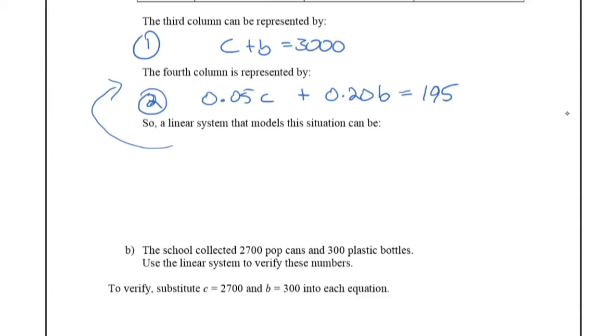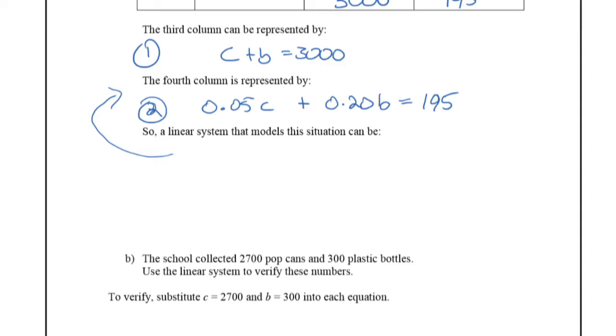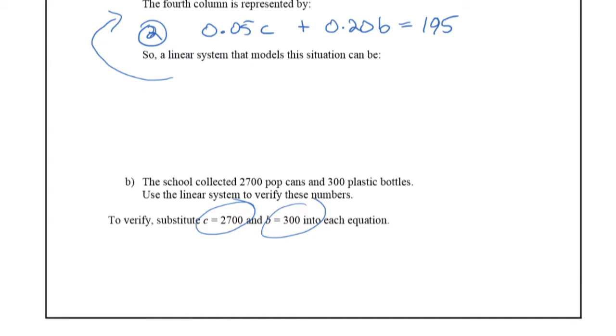The second part of the question says, the school collected 2,700 pop cans and 300 bottles. Use the linear system to verify these numbers. So to verify, we substitute C and B into each equation. So just basically checking our solution.